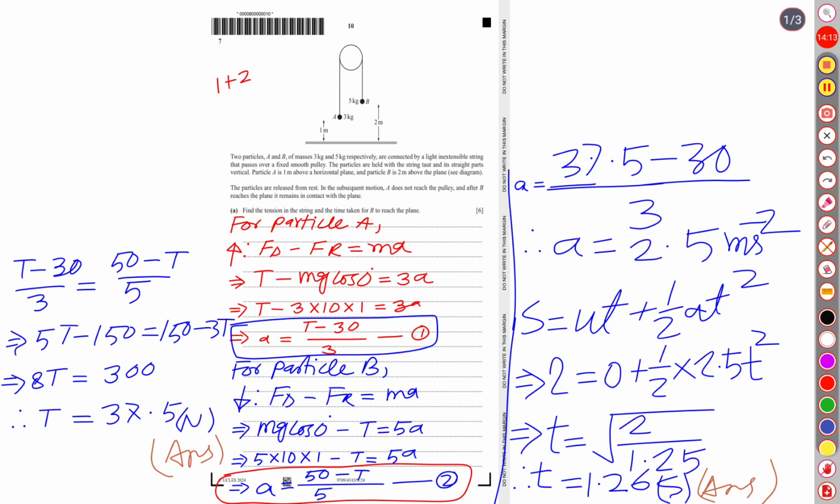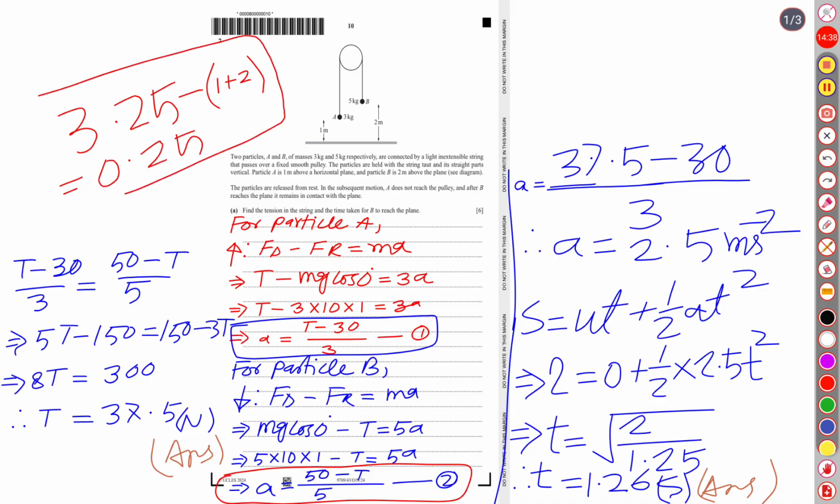For this, A has already traveled 3 meters. So A will have to travel 3.25 minus 1 plus 2, which is actually 0.25 meter as the distance.